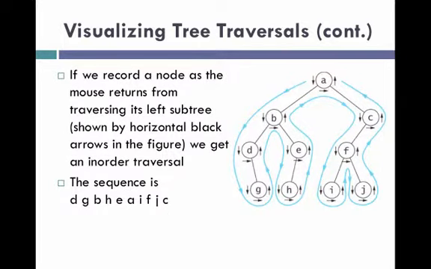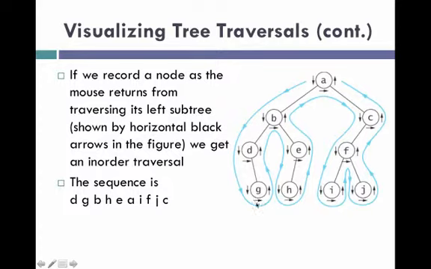Now, if we record a node as the mouse returns from traversing its left subtree, shown by the horizontal black arrows in the figure, then we get an in-order traversal. For instance, as the mouse goes along this path, there is no left subtree of D, so D will be the first node visited in the in-order traversal.